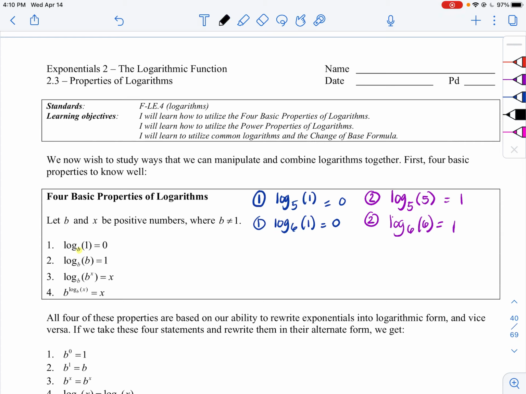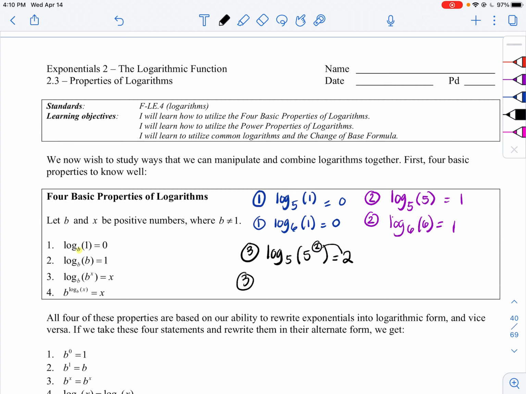Let's go on to property number 3. It's the same as number 2, but take a look, it now has an exponent of some kind. So if you have log with a base of 5 and let's say you have a 2 as an exponent, the answer is whatever the exponent is.